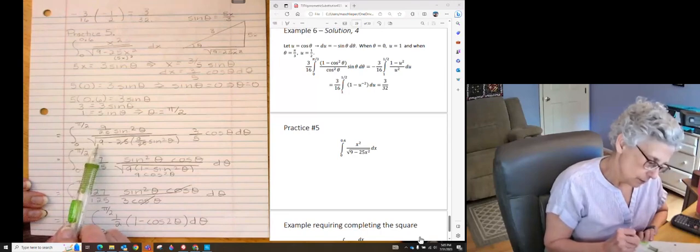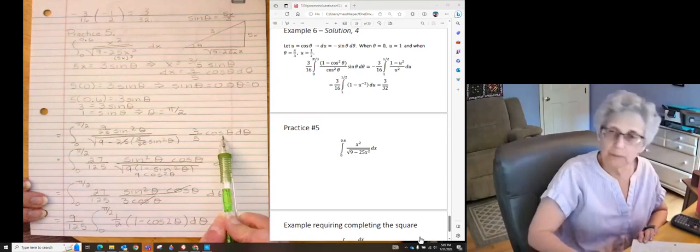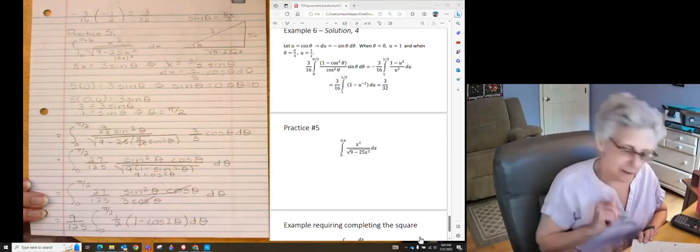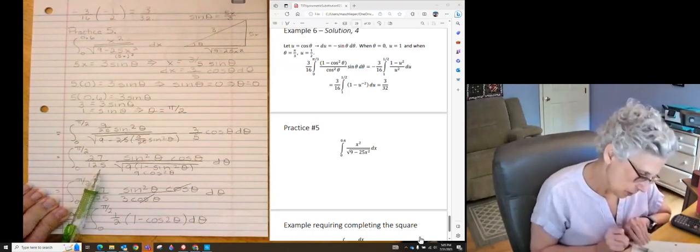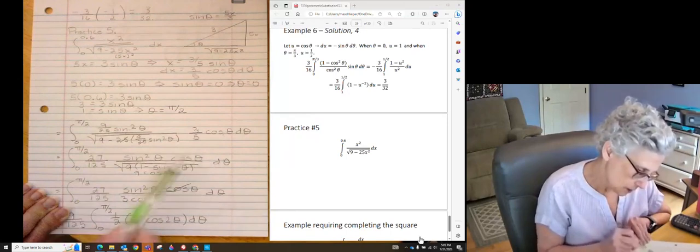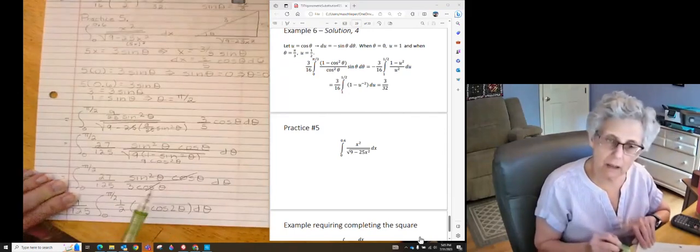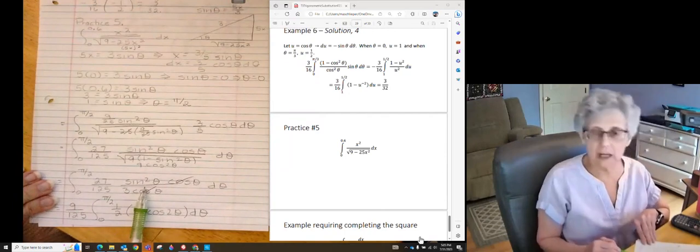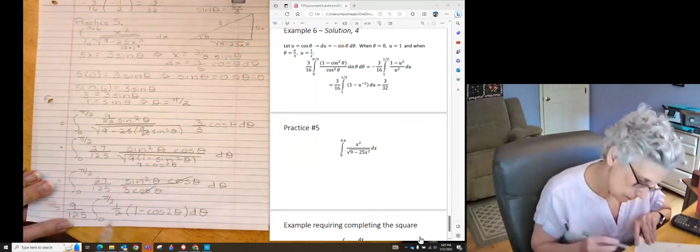X squared, square root of 9 minus 25x squared, dx. I didn't forget my dx that time. So then I pulled the 9 times 3 over 25 times 5 out front. I did some simplifying underneath the radical, and I ended up with sine squared, just like we did in one of the practice problems earlier.